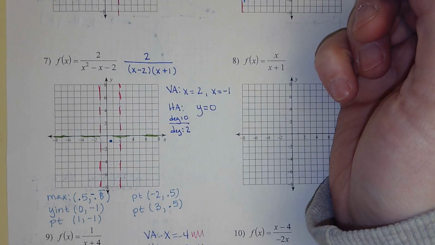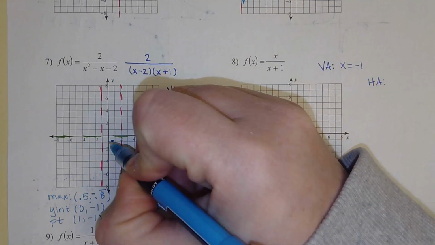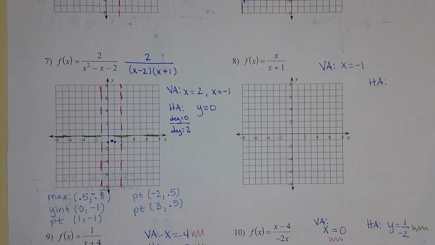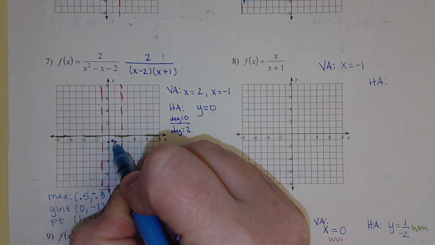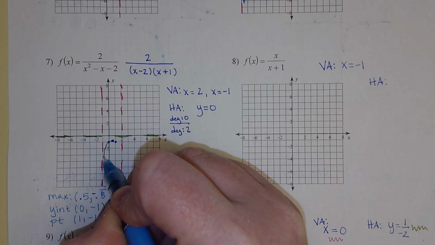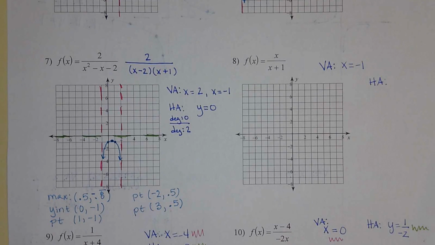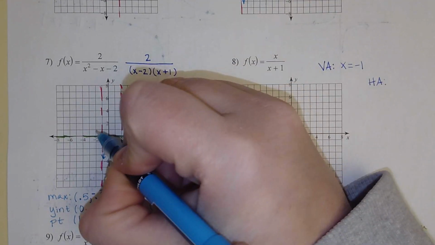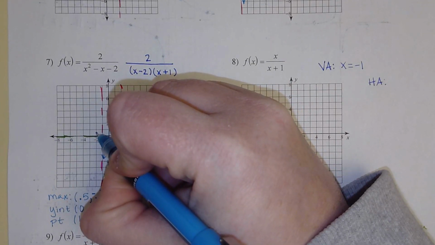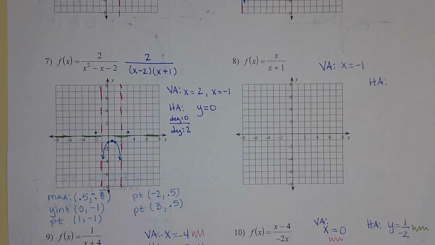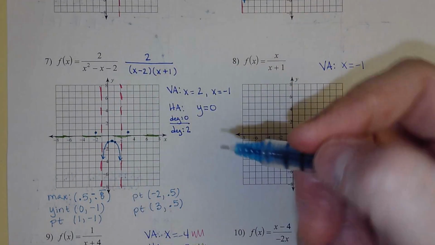And then I'm going to plot 0, negative 1. Mirror those. And then I'm going to come up and I'm going to graph at negative 2.5, 3.5. And then sketch the rest of my graph.